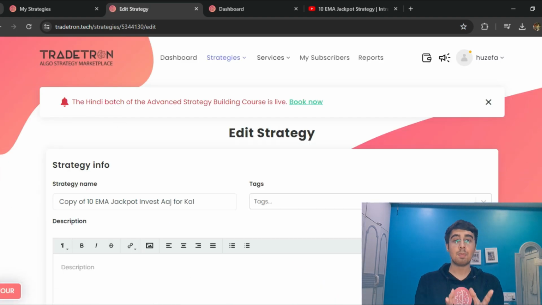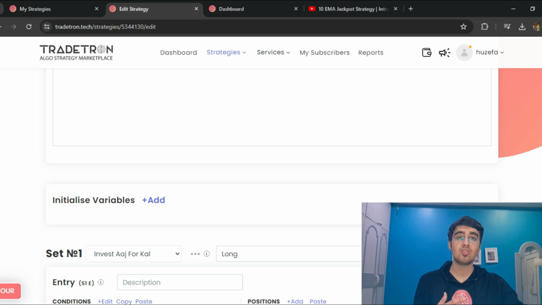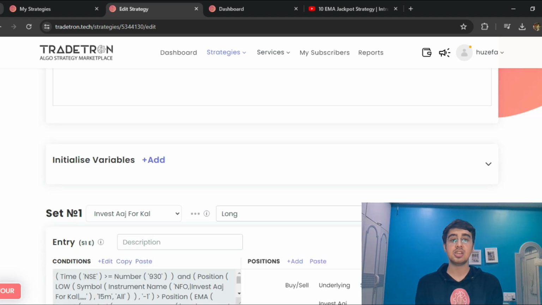Now that I have opened this strategy, let's see how exactly we can build it. For this, we need to figure out a couple of things. First, I need to generate a list, because I want to backtest this strategy on two different instruments. You can of course choose not to select a list and run this on only one instrument, but it would be very tedious, as you'll have to make multiple sets.